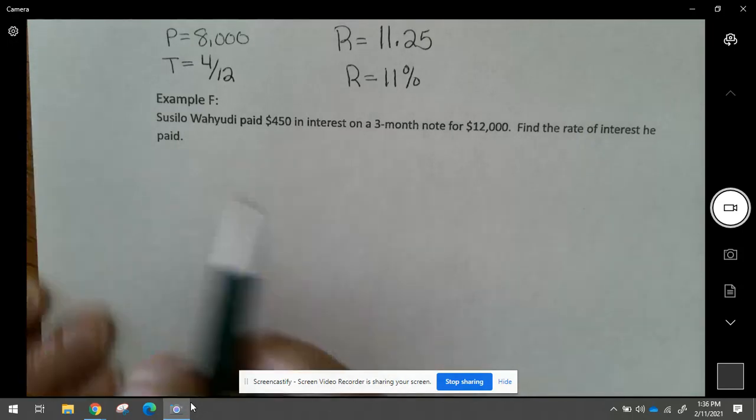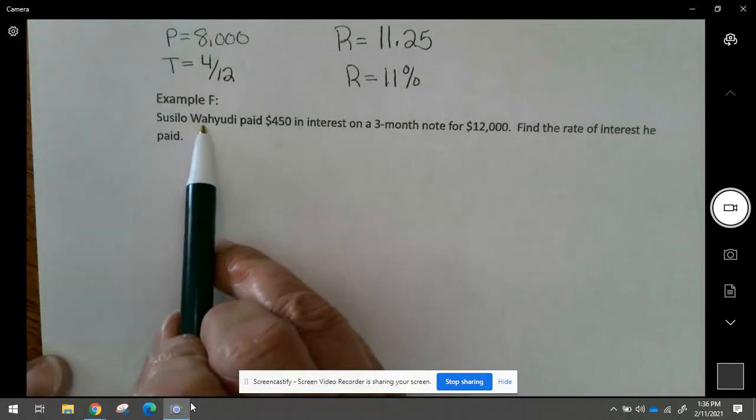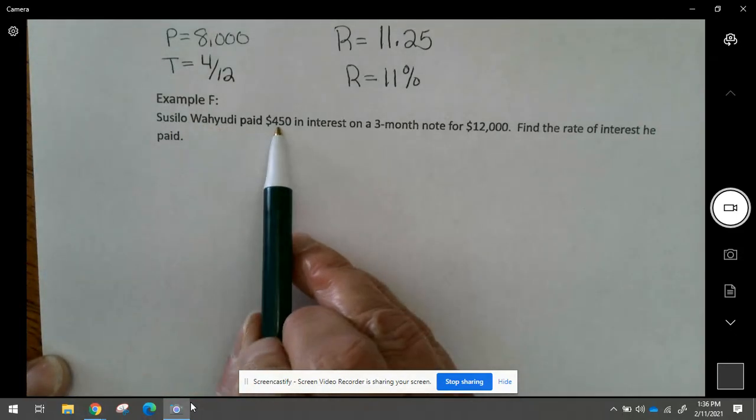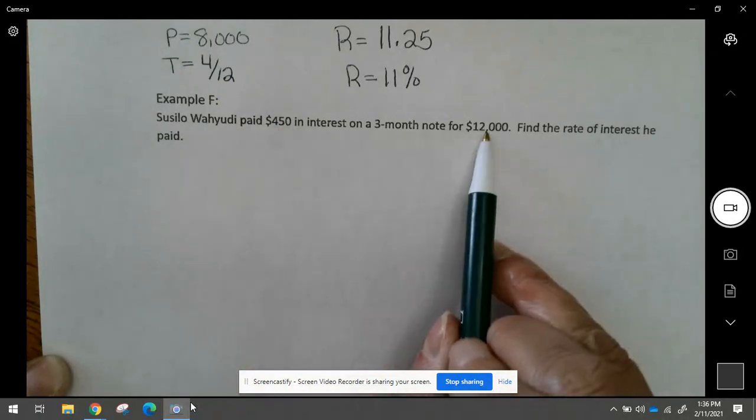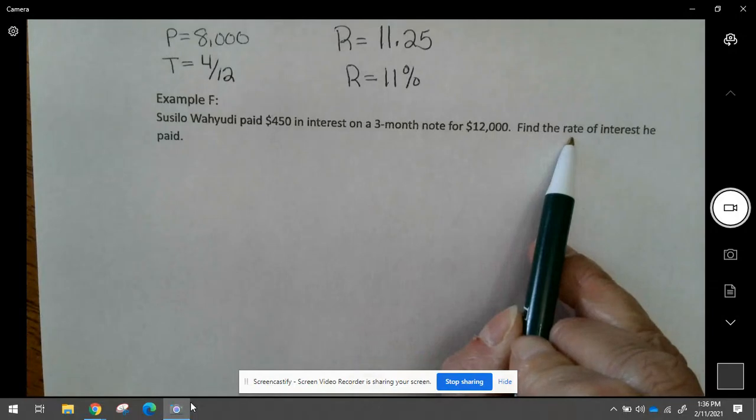Okay, let's look at example F. Susilo Wahudi paid $450 in interest on a 3-month note for $12,000. Find the rate of interest he paid.